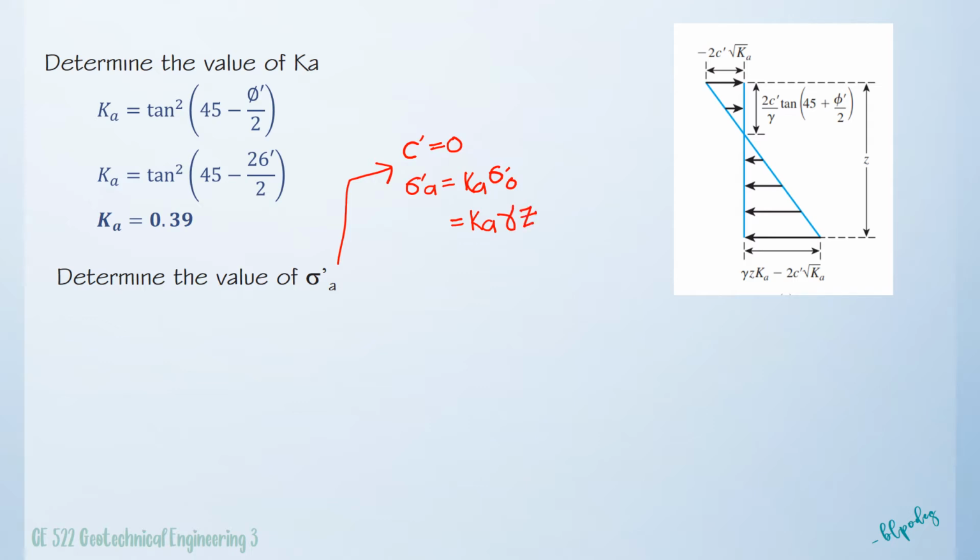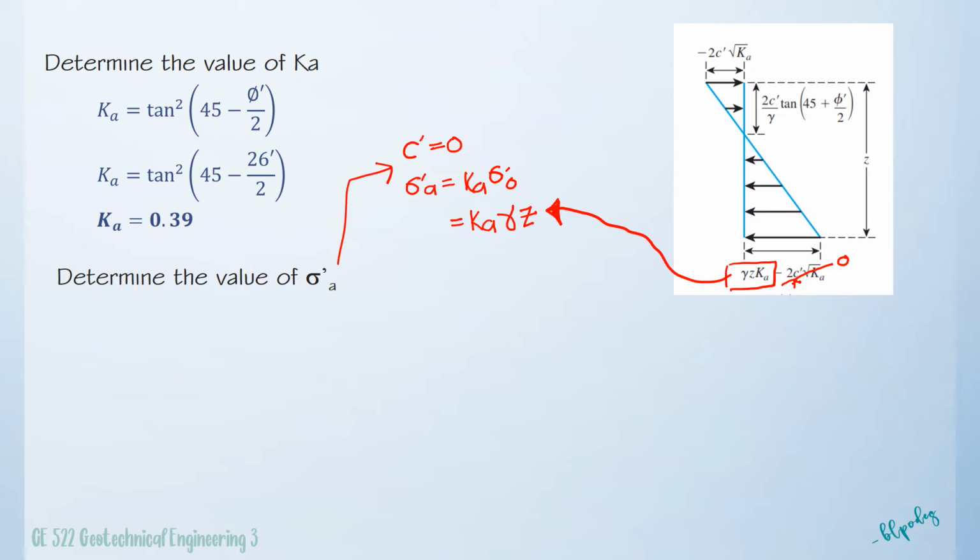If we take a look at the diagram, when the soil is cohesionless, C is equal to 0, so if we substitute 0 for C prime, all this term becomes 0, and we are left with this equation.